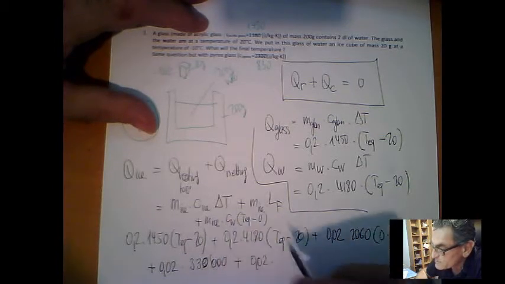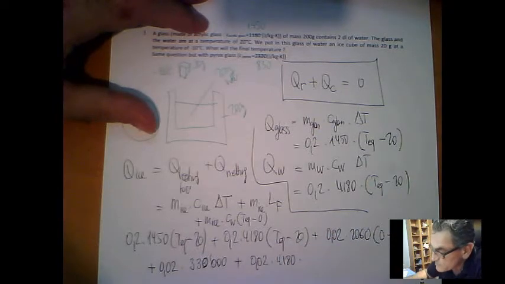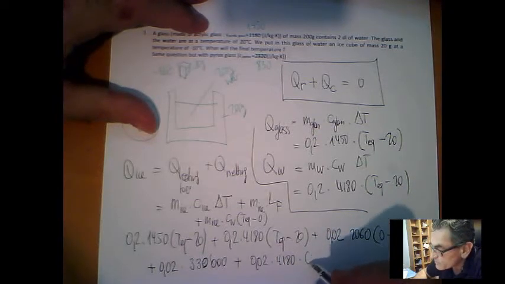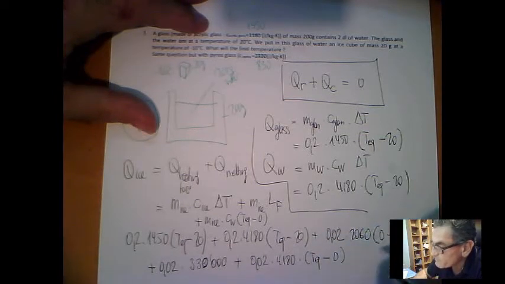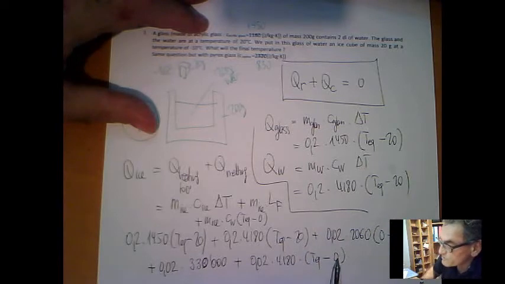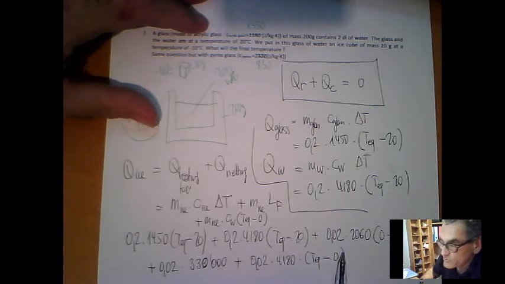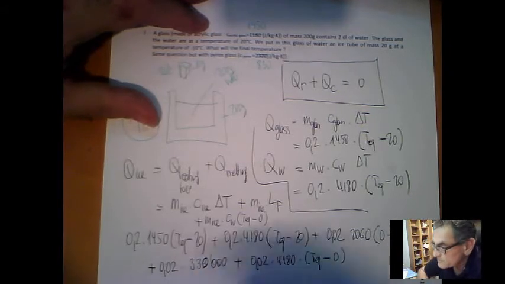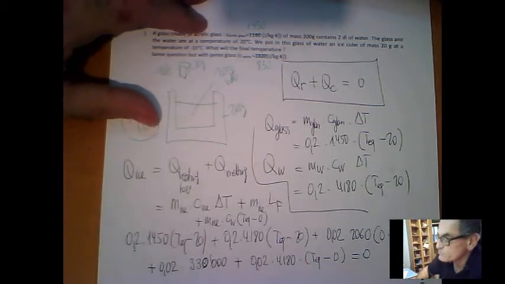This is the mass of the ice times the C of the water, because once it's melted, it's no longer ice, it's water, times TEQ, which is my final temperature, minus 0, which is the temperature at which this former ice started to warm up. Okay? And all this should be 0.